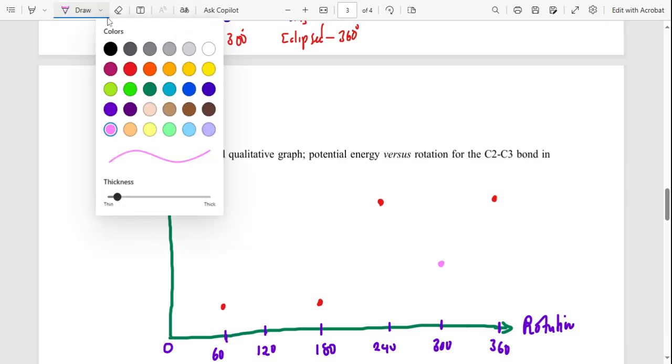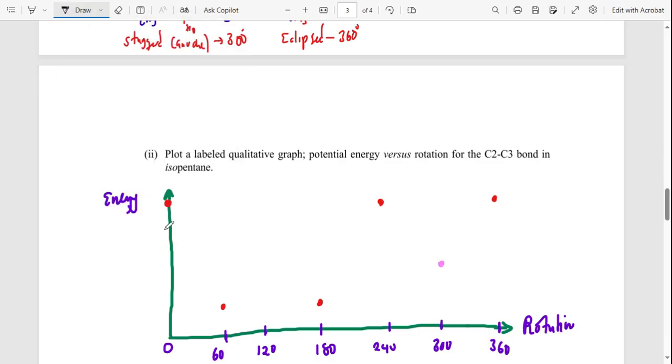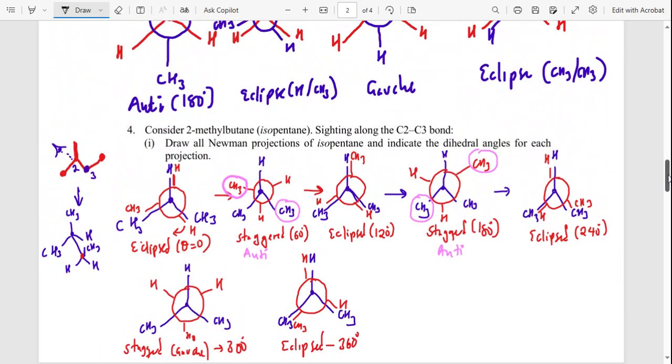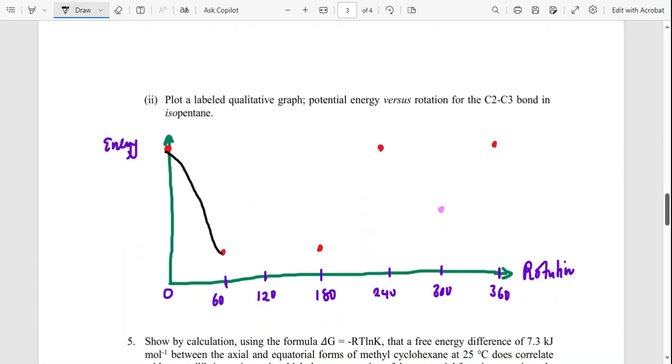So this is how the curve is going to be moving. So this one is going down, okay, like this. Oh, I have not even put at 120 degrees. So at 120, that is an eclipse also. So the energy is also on top. So it is also here.